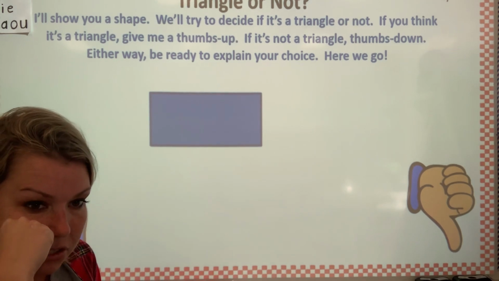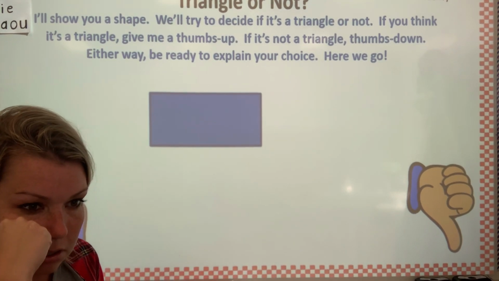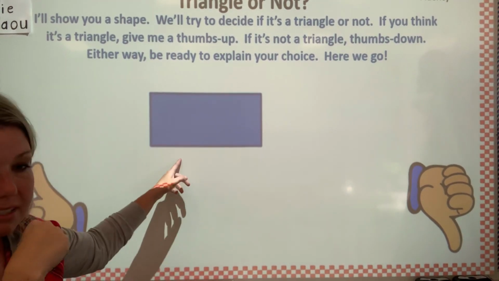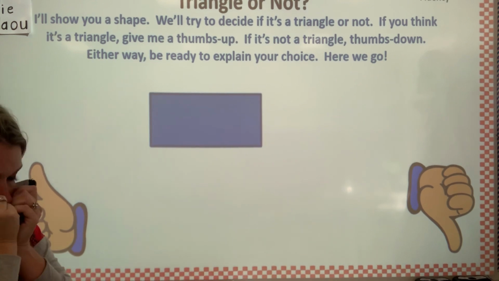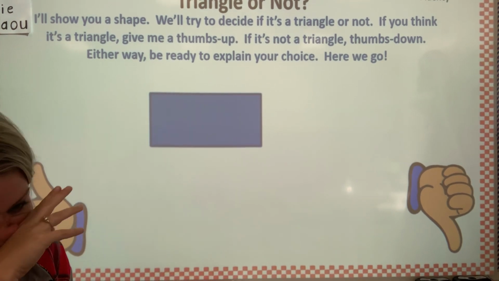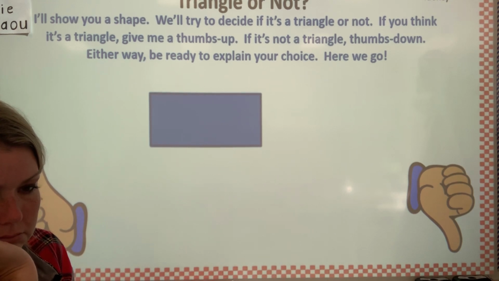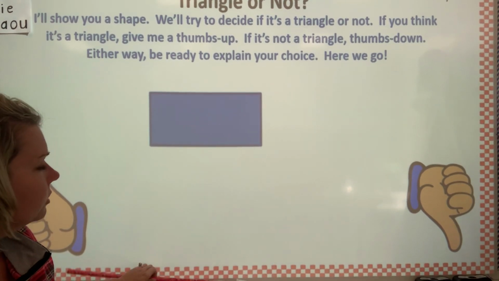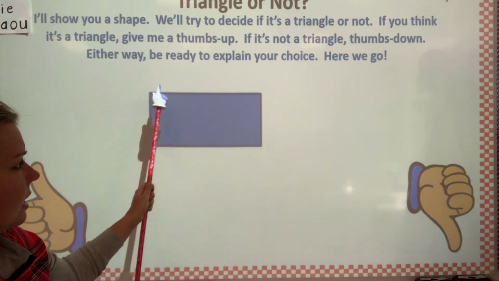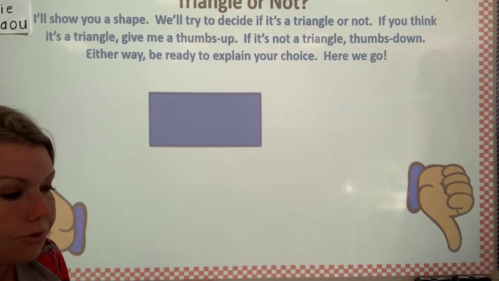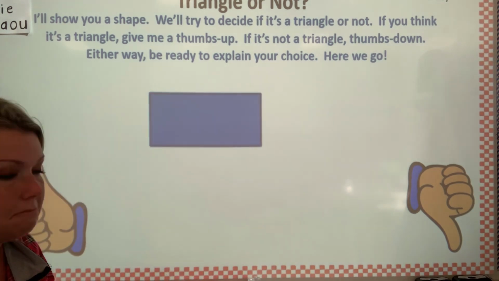Ooh, is this a triangle? Let's see. Grant, why is this not a triangle? It has 4 sides. Grant says there's 4 sides, and a triangle can only have 3. 3 is the triangle's magic number.